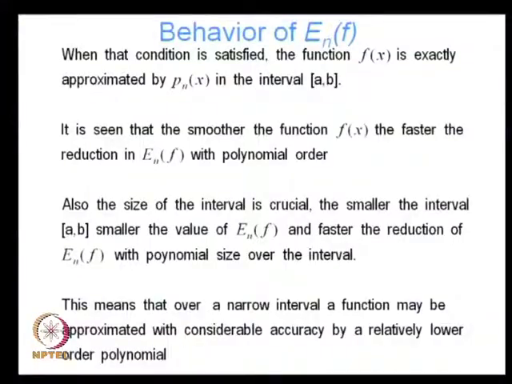So the size of the interval is crucial. The smaller the interval [a, b], the smaller the value of En(f), and the faster the reduction of En(f) with polynomial order. This means that over a narrow interval, a function may be approximated with considerable accuracy by a relatively lower order polynomial.